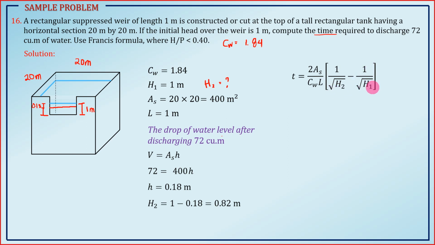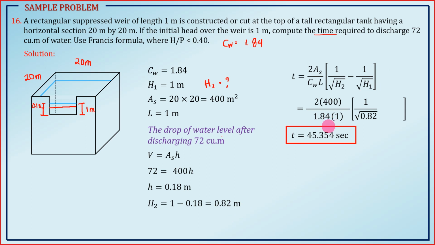So, using the equation for time, that is 2AS over CWL, 1 over square root ng H2 minus 1 over square root ng H1. So, we have 2 times 400 divided by 1.84 times L na 1 times 1 over square root ng 0.82 minus 1 over square root ng 1.